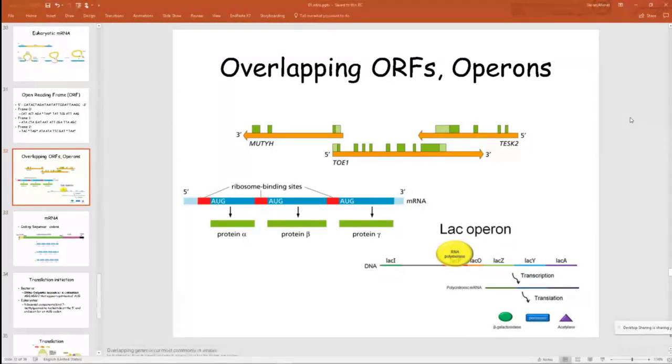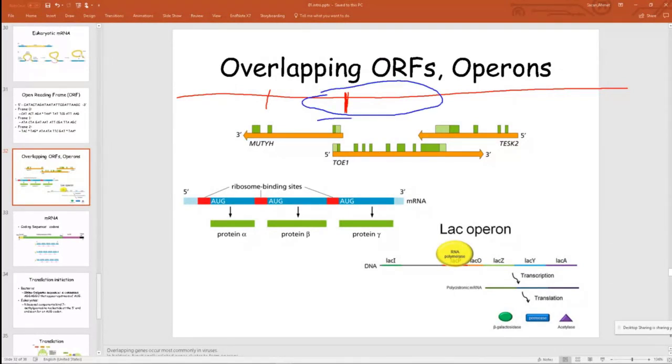Open reading frames are not necessarily independent, especially in viral genomes. You can have overlapping open reading frames. So a portion of the viral genome can be one gene, right? And a portion of that gene, going in the other direction, can give you a different gene.